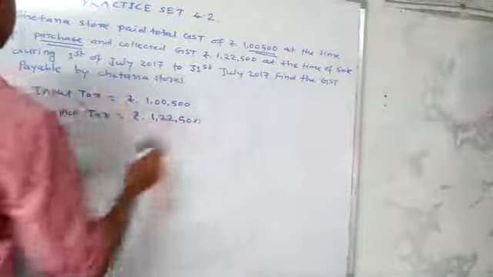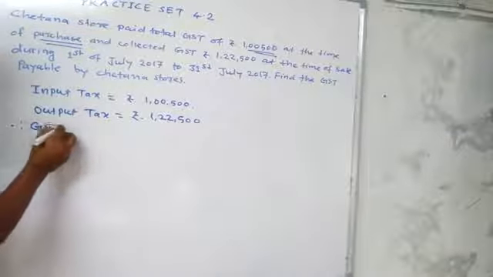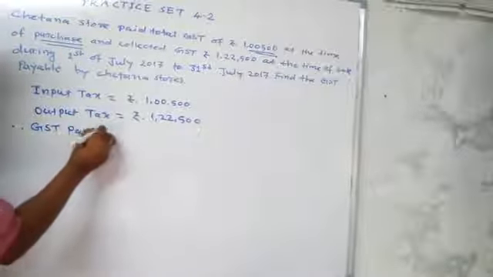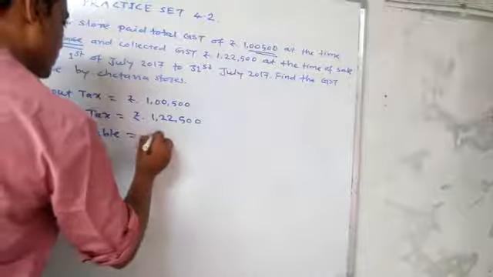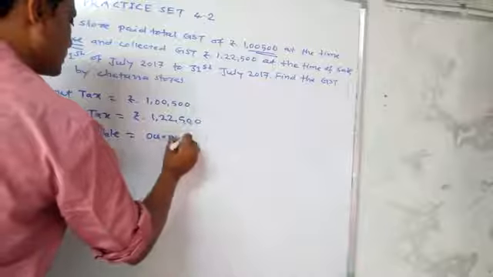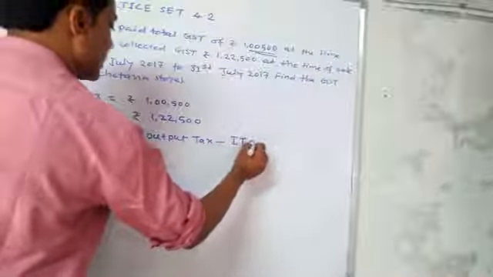Then find the GST payable by Chetna store. Therefore GST payable is equal to output tax minus input tax credit.